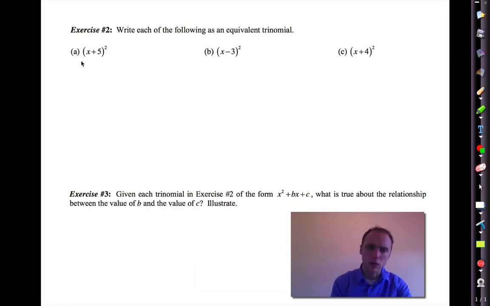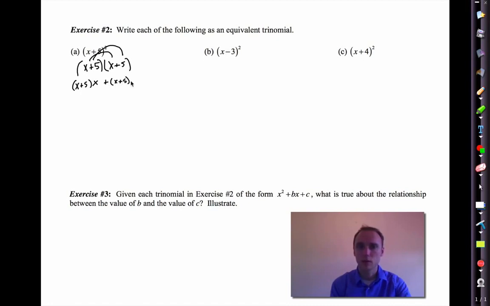So I'll show you the first one. I'm going to rewrite x plus 5 squared as x plus 5 times x plus 5, and I'm going to write it as a trinomial, or 3 terms. So I'll distribute the whole x plus 5 onto each one of those 2 terms, which gives me x plus 5 times x plus x plus 5 times 5. And then I'm going to distribute again.